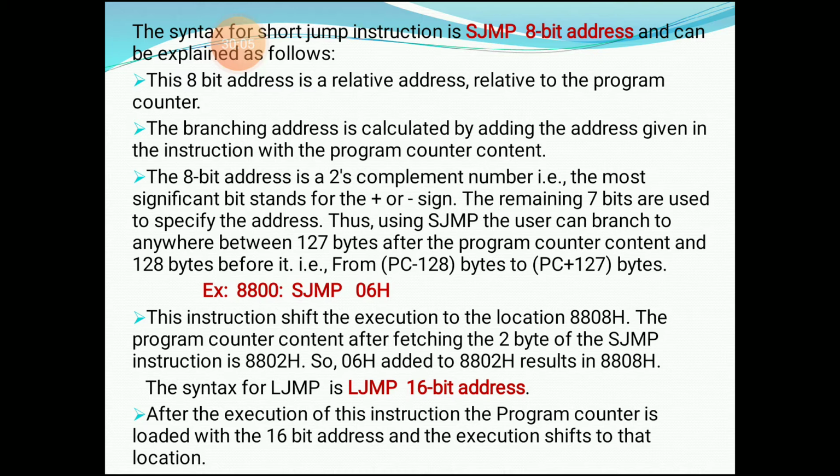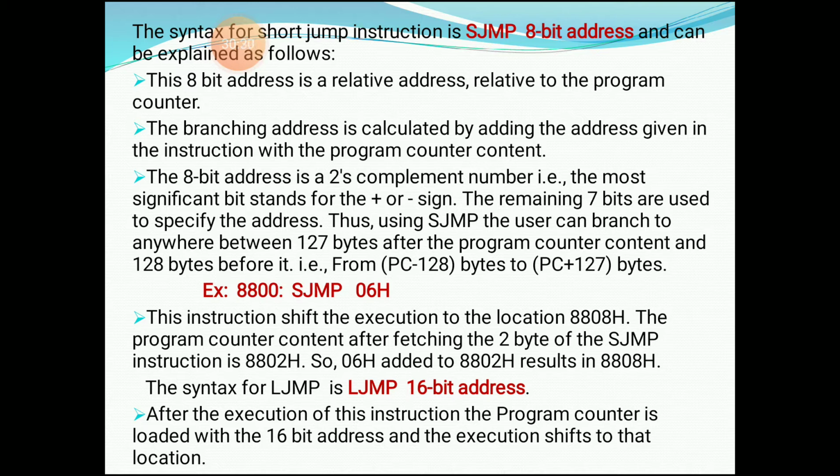Now let us see one example. SJMP 06H. This instruction is loaded at address 8800H. This instruction shifts the execution, or transfers the control, to location 8808H. That is, the program counter contains the address after this instruction, 8802H.